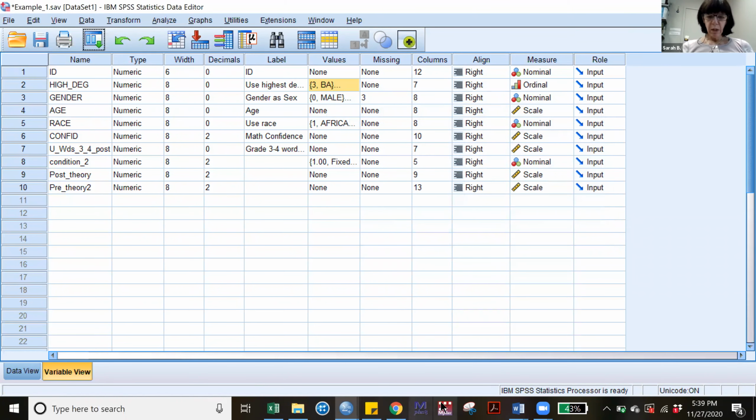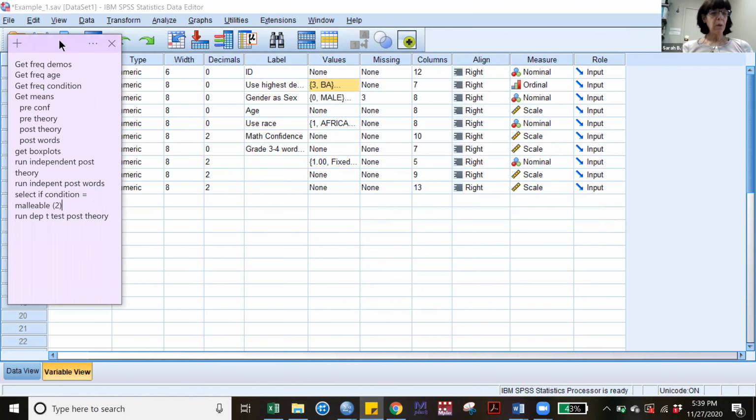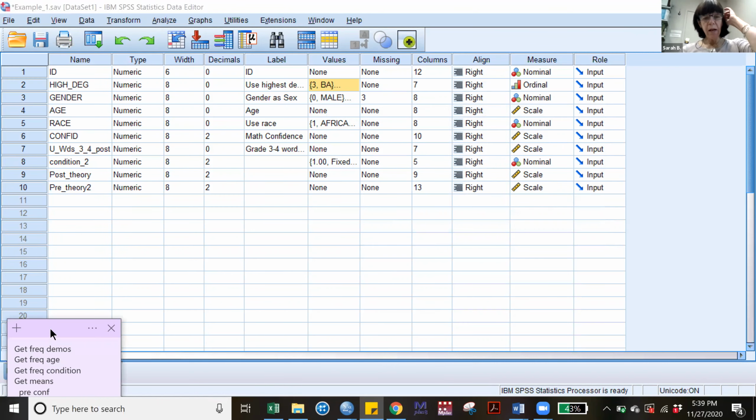Okay, so once we've got a sense of who is in our sample, we're going to look at some other things. And the first thing we're going to look at is that we have this condition. So we're going to look at how the design worked.